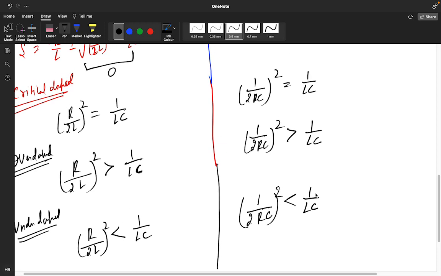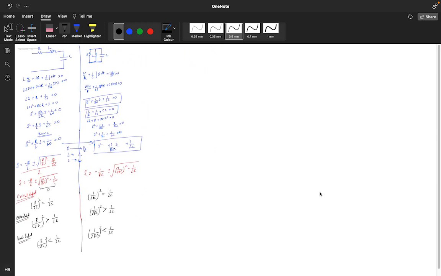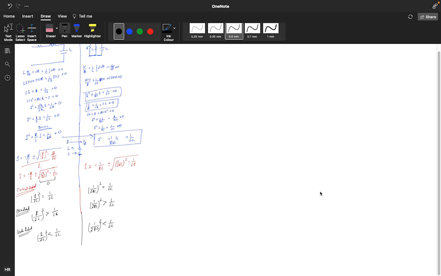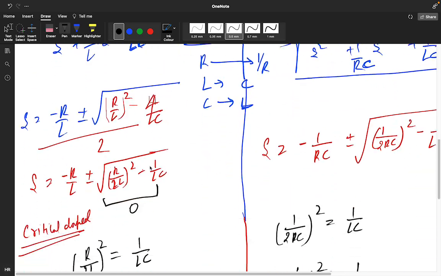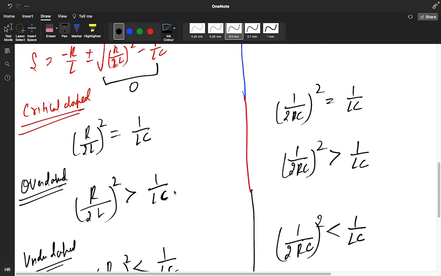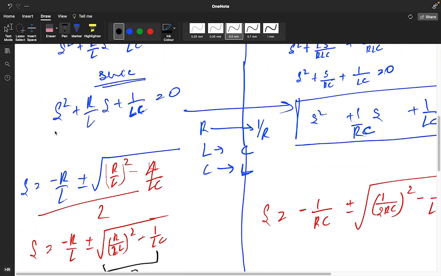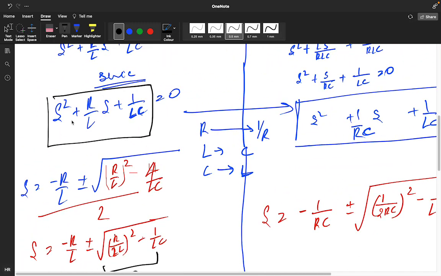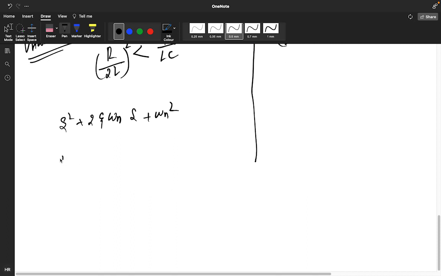You can do the same thing with the standard equation directly: S square plus 2 zeta omega n S plus omega n the whole square. What is the equation for a series network? S square plus R by L S plus 1 by LC.